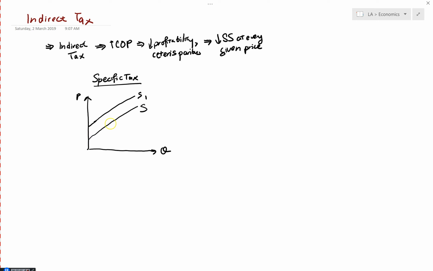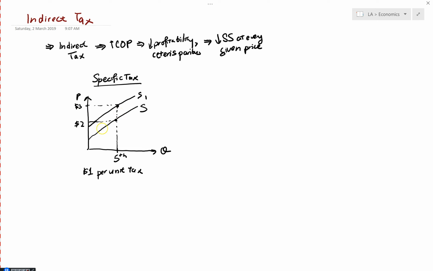For example, on the 5th unit, the price at first is $2. Then let's say they slap a $1 tax. So $1 goes up. Now it's no longer $2, it's $2 plus $1, so $3. Understand? So it all goes up.